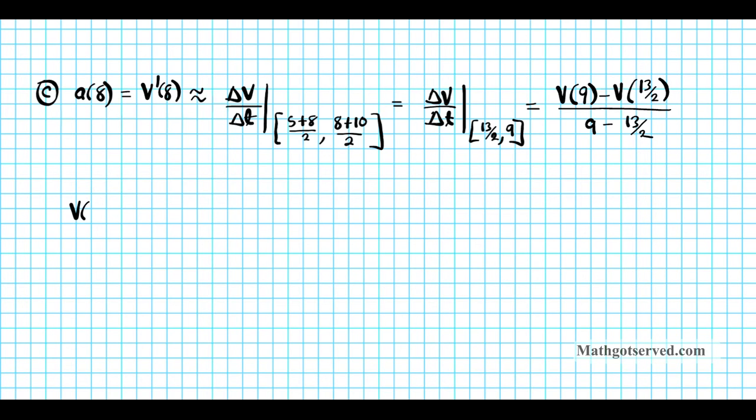V of 9 is the instantaneous velocity at t equals 9, and that is equal to s prime of 9. So to approximate here, we're going to be using delta s over delta t evaluated on an interval around 9.